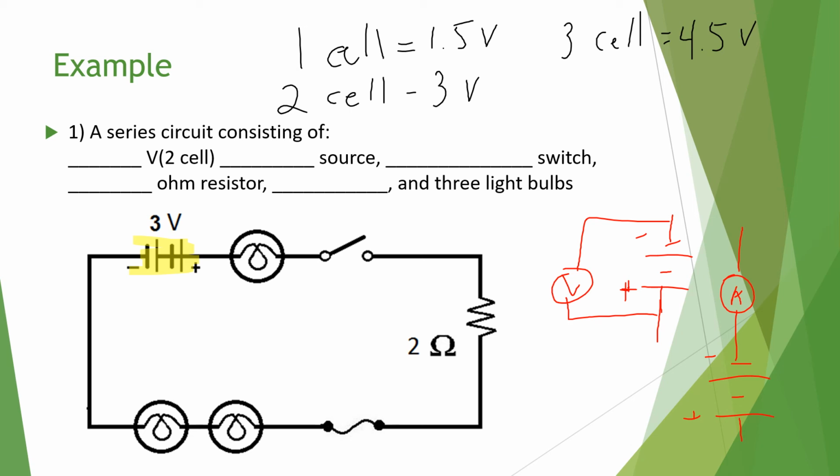We have 2 cells here, so that means it's 1.5 plus 1.5, so we have a 3 volt battery. So we'll write that in. Then blank source: we know that the 3-volt battery is the electrical source or energy source.